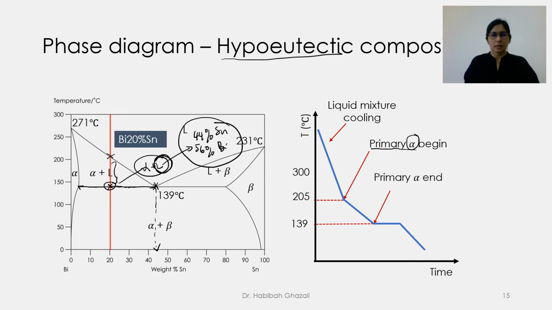So this is a eutectic composition. At this point, the remaining liquid will start to transform into a lamellar microstructure because it has a eutectic composition. The remaining liquid will transform in an isothermal reaction. The resulting microstructure will have a eutectic microstructure for the rest of the remaining liquid. So that is how the solidification of hypoeutectic composition happens.